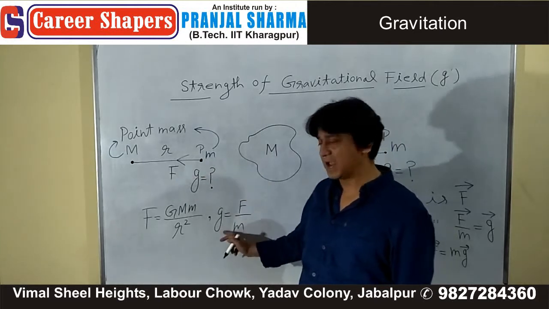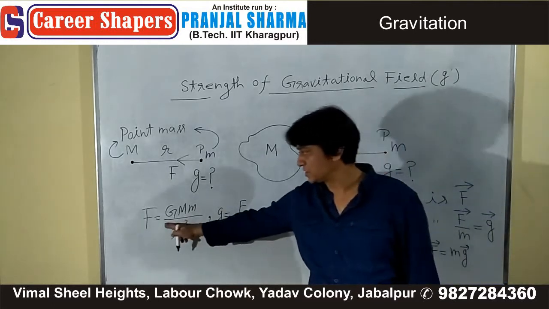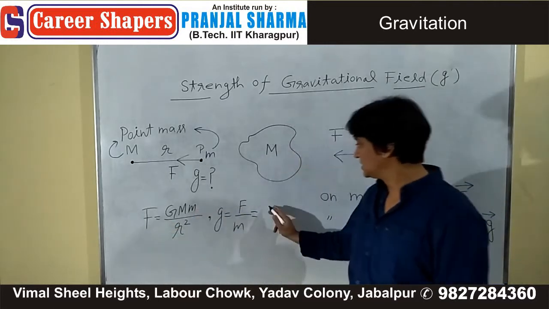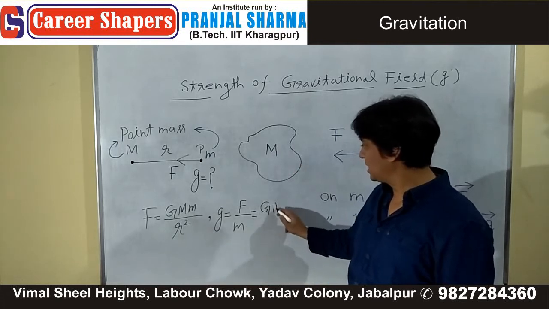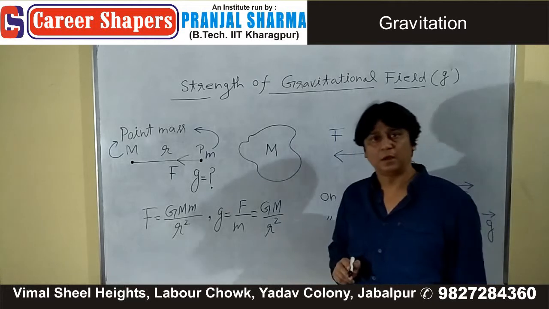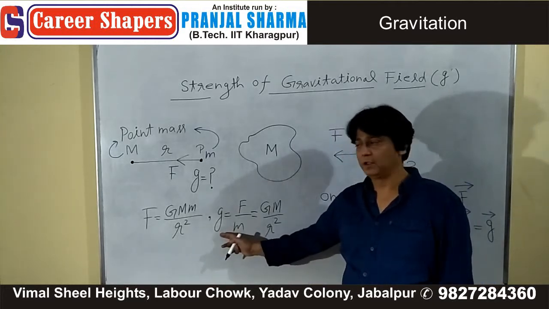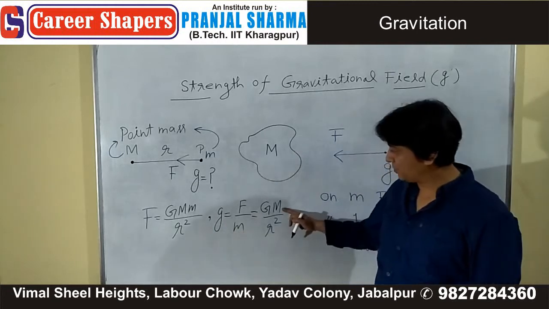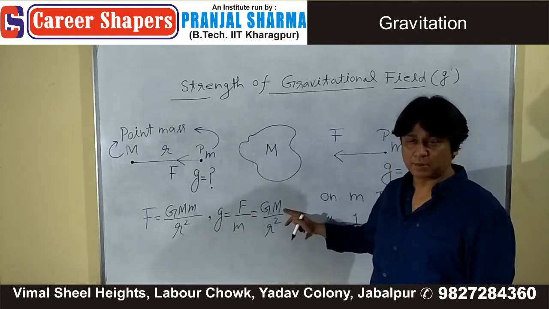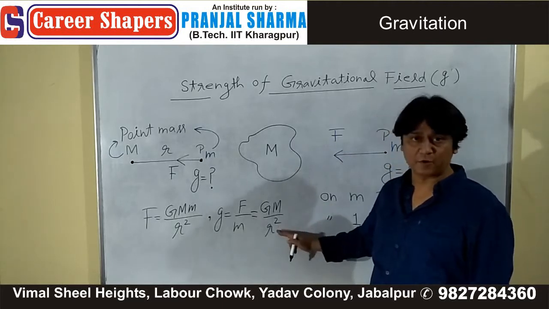That F divided by m is called g. So F upon m, coming from this, is GM divided by r square. This is the strength of gravitational field produced by a point mass capital M at some point in space which is at a distance of r from it.